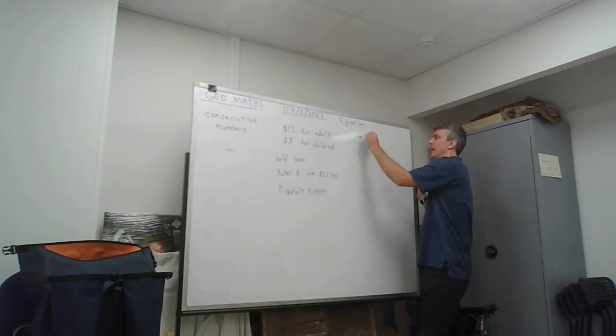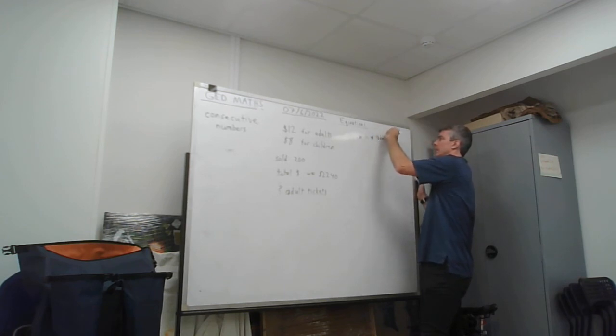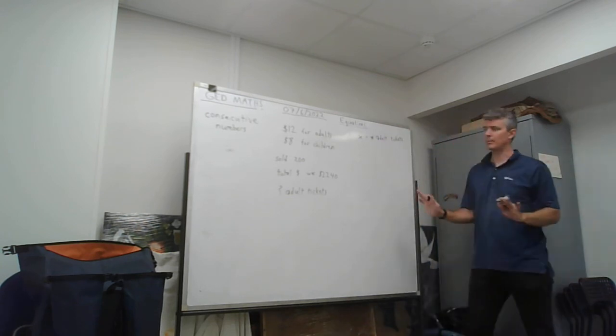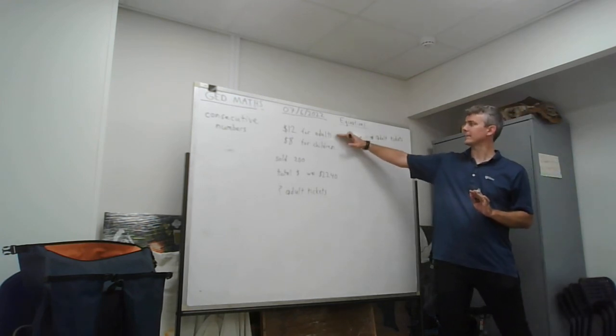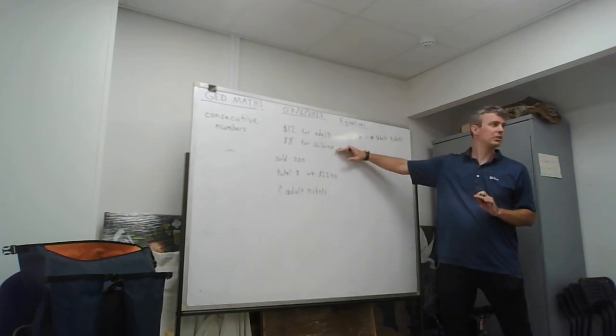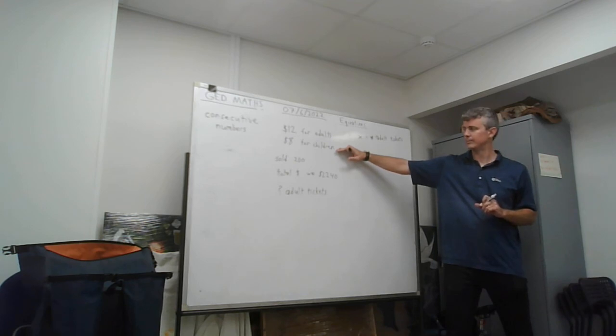X is the unknown. X equals the number of adult tickets, right? Now we need to know if we have X adults, how many children, right?